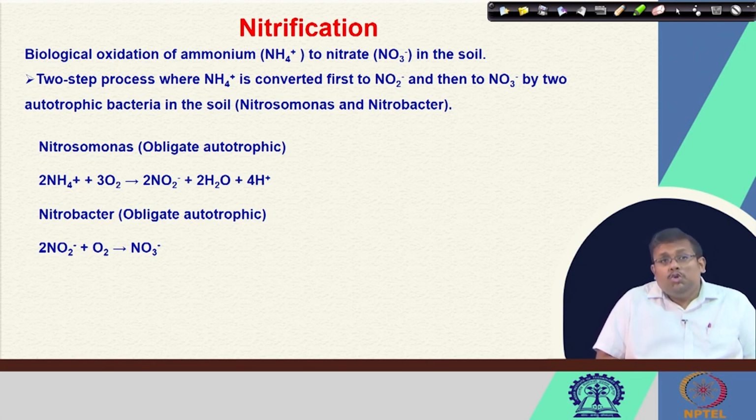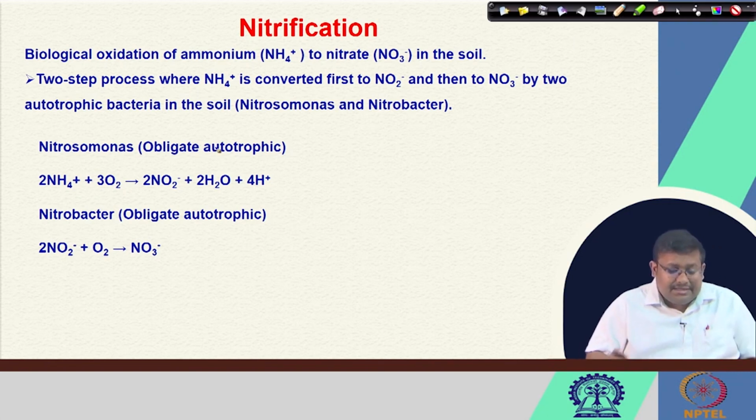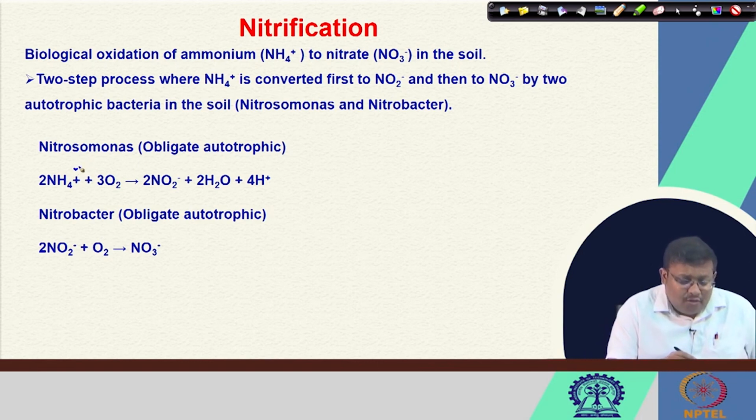So, this two-step process of nitrification is basically accomplished by conversion of ammonium ion to nitrite first, and then from nitrite to nitrate, by two groups of autotrophic bacteria in the soil. So, here you can see the first step is conversion of ammonium ion to nitrite, and in the second step this nitrite gets converted to nitrate.